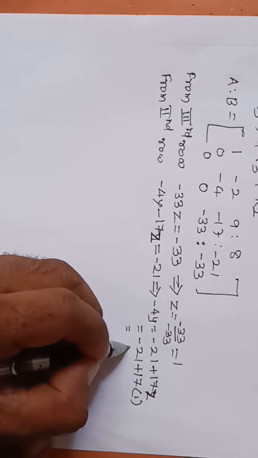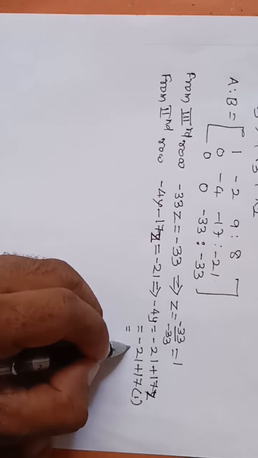So minus 4y is equal to minus 4, so y is equal to minus 4 divided by minus 4, which is again 1. y also we got as 1.